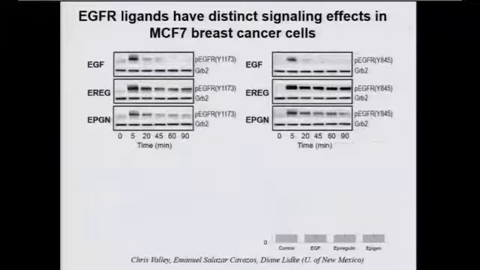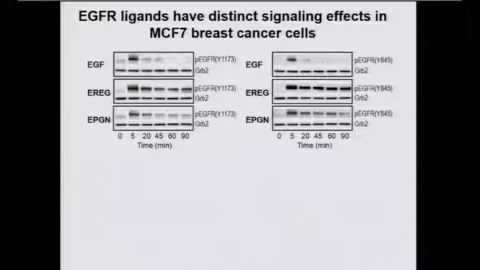So moving on to signaling with this, we started to look at the timing of signaling. And with EGF, as I showed you at the very beginning, EGF induces a transient activation of the receptor, which then within 10 minutes is down almost back to baseline. But with epiregulin or epigen, which induce these shorter lifetime dimers, the time course is substantially more sustained.